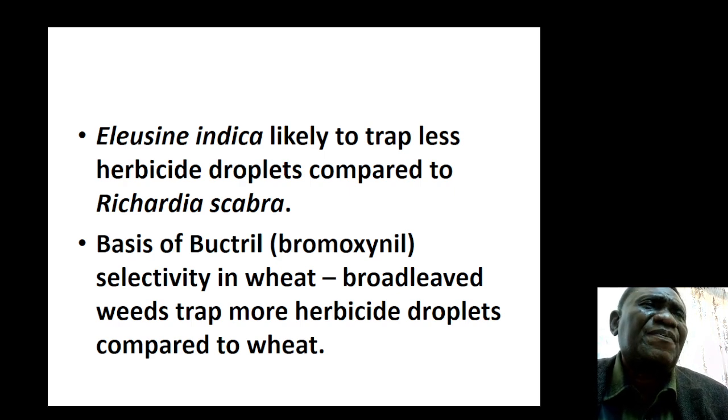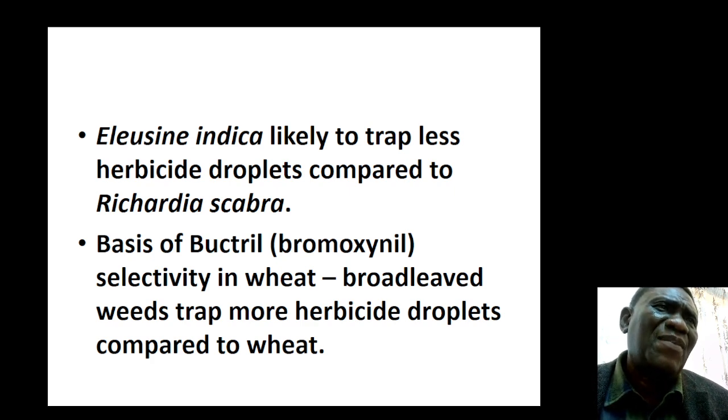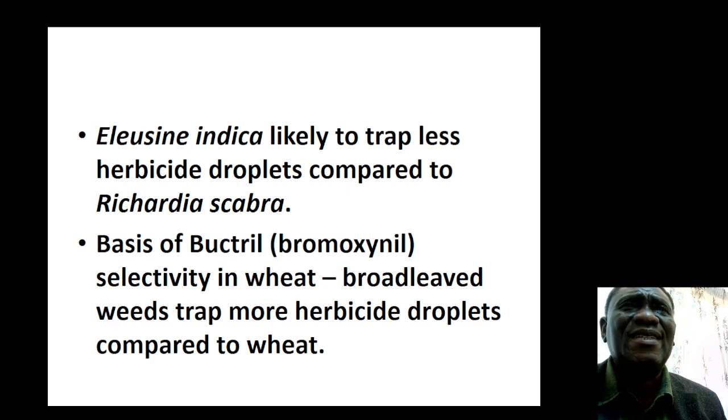In fact, this could be the basis of bromoxynil selectivity, where we find that broad-leaved weeds will trap more of this herbicide compared to wheat. By the way, bromoxynil is used in wheat to kill broad-leaved weeds.